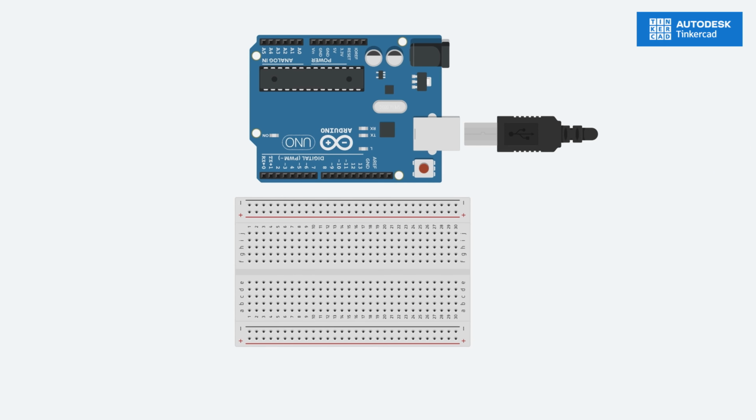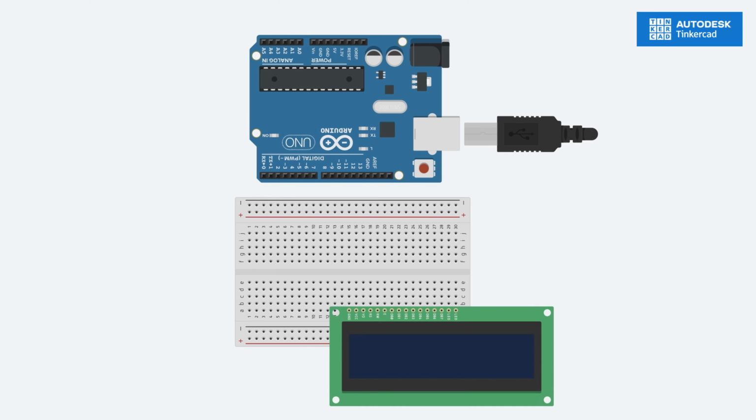Now I'll guide you through the steps necessary to set up our Arduino. First, you'll have to add the LCD display. We'll get to connecting that later. Then you can add the 5-volt power and the ground connection to the uppermost row.